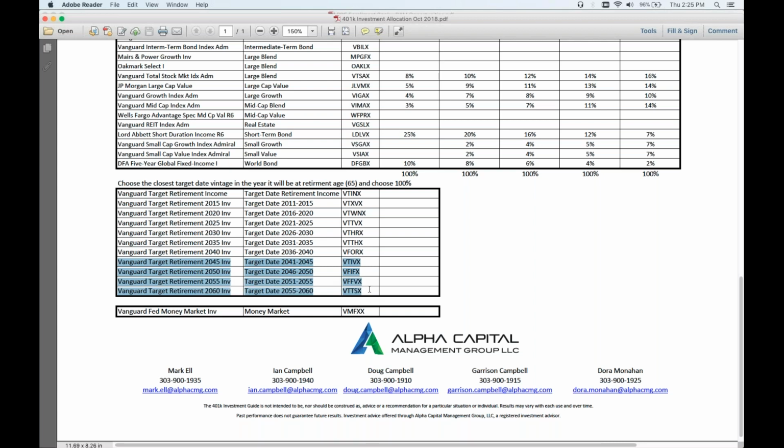The blue ones that I've highlighted on the bottom 4 are going to be more aggressive in nature. They're going to be for the younger individuals who have a lot longer left until retirement. The next 4 are going to be for those who are kind of in the middle of their workforce. They're nearing retirement, but still 10 to 15 years out, in some cases even more than that. And those are going to be more in that moderate aggressive column, or that second column from the right.